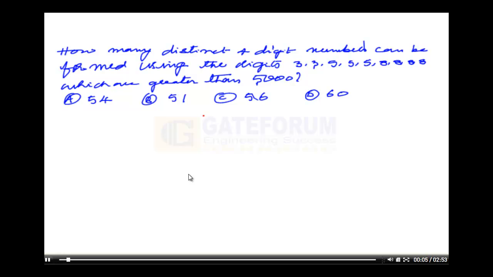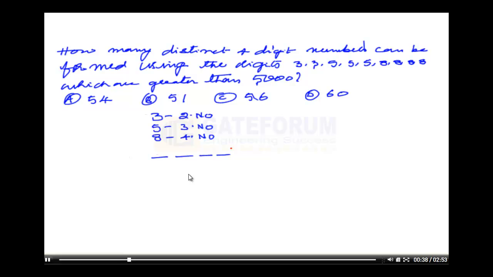Next, distinct 4-digit numbers which are greater than 5000, and the digits given here are 3 in 2 numbers, 5 in 3 numbers, 8 in 4 numbers. As we have to find a 4-digit number, first I take 4 blanks.